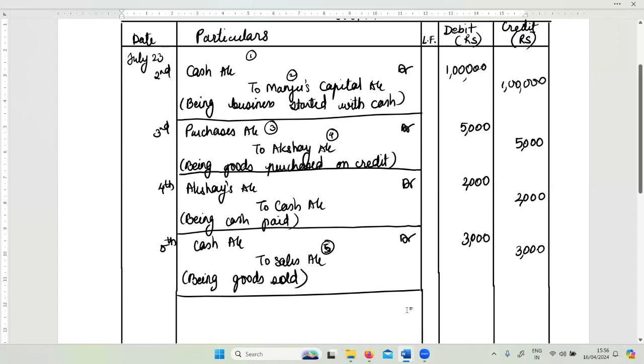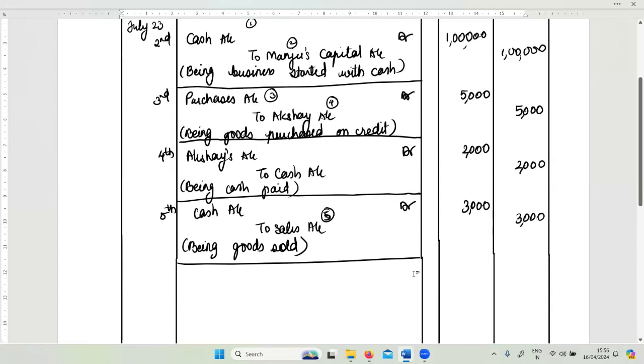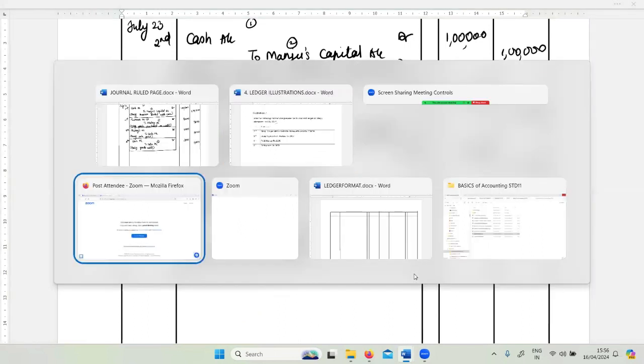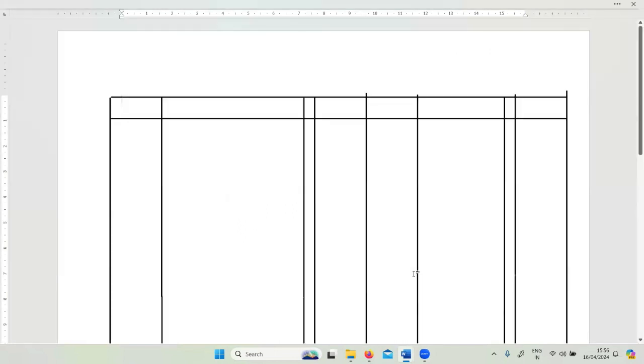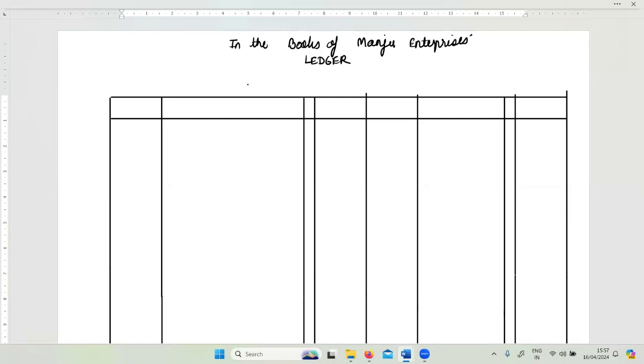So now let's proceed to the ledger part of this particular illustration 2, and write the ledger accounts in the books of Manju Enterprises. Heading will be ledger or ledger accounts.